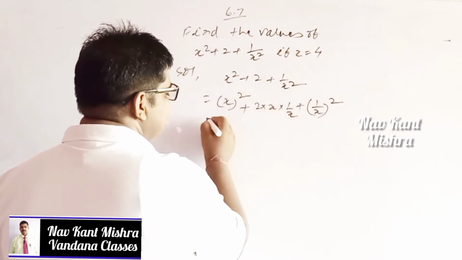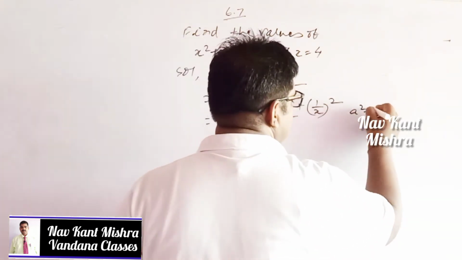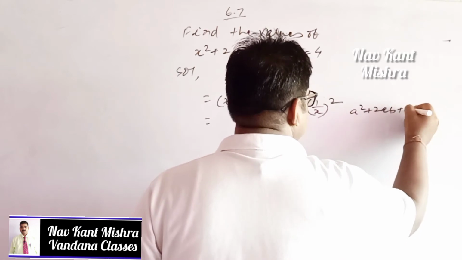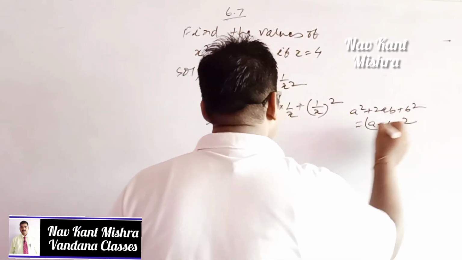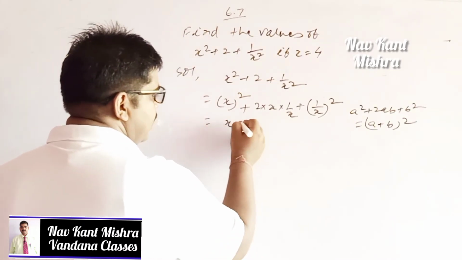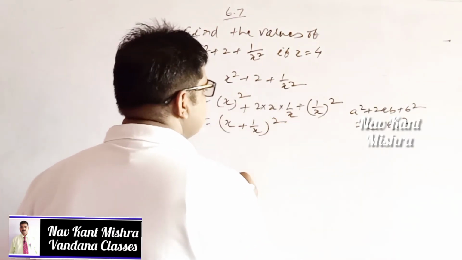And now it is based on the formula a square plus 2ab plus b square, which can be written as (a plus b) whole square, and this is why you can write down (x plus 1 upon x) whole square.